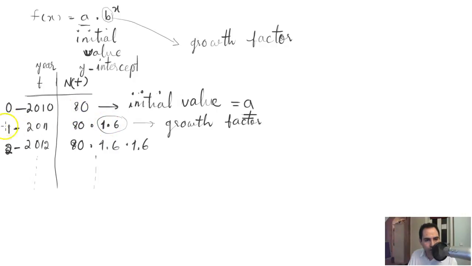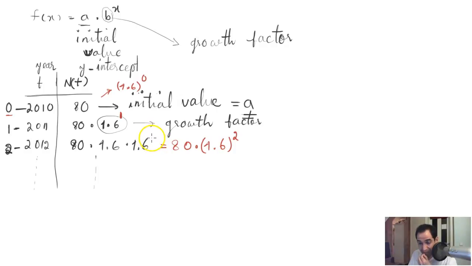After 1 year after 2010, you have this growth factor raised to the first power. In 2 years after 2010, you have 80 times 1.6 raised to the second power, because you have two factors multiplied together. And in the first year, it is 80 times 1.6 raised to the 0th power. So you can see this 0 is the same 0, this 1 is the same 1, this 2 is the same, of course not the same, but they correspond to one another.